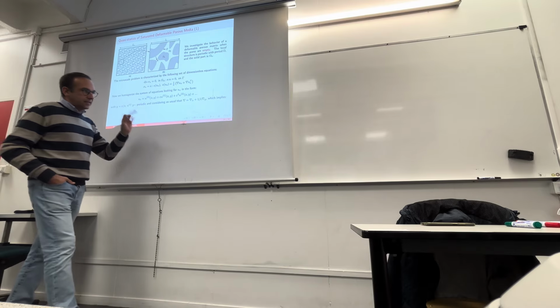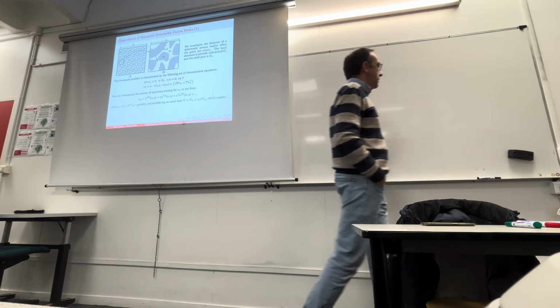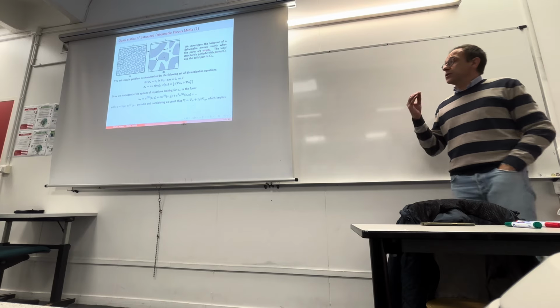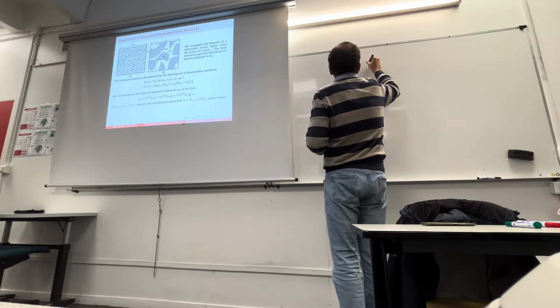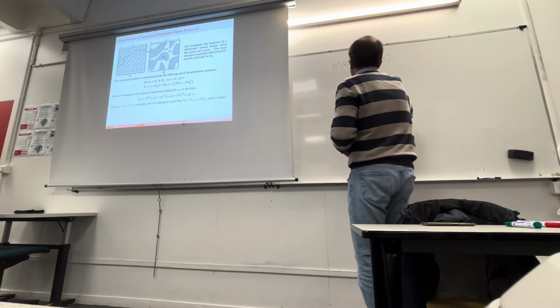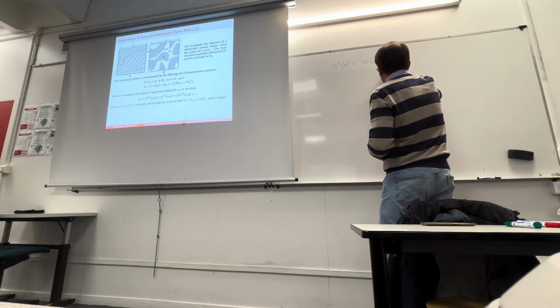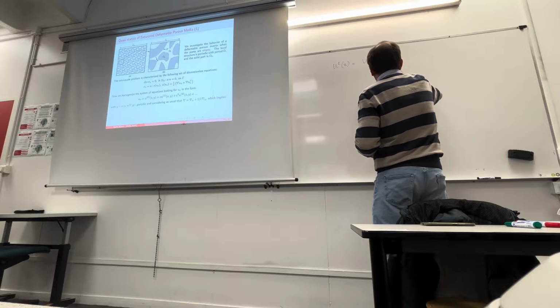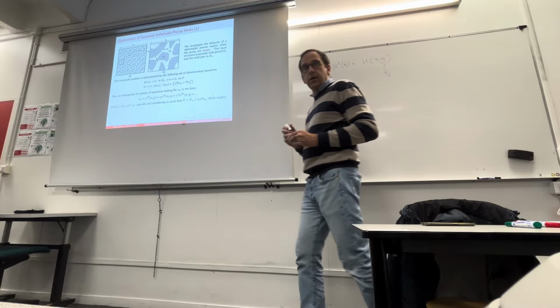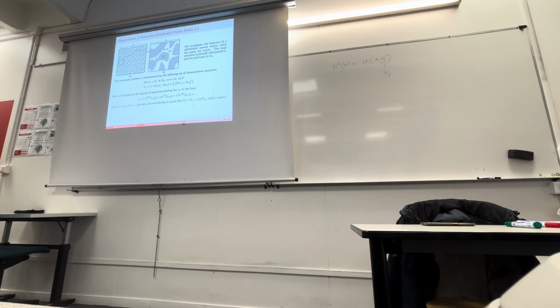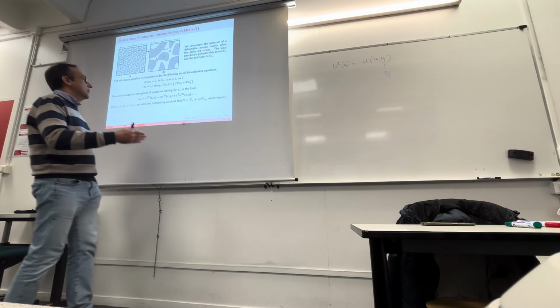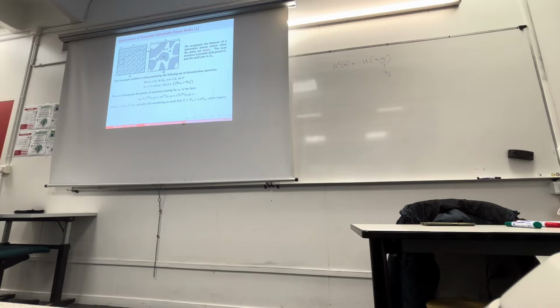So exactly as we did in the previous analysis, we consider our original field U epsilon of x as U of x and y, and considering once again y as x by epsilon, exactly the same process, nothing different, and we introduce this asymptotic expansion of U. So once again, U s will be U naught of x and y plus epsilon U1 of x and y plus epsilon square U2 of x and y, and so on.